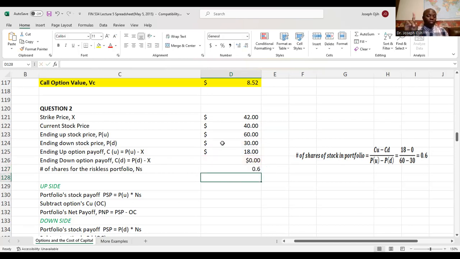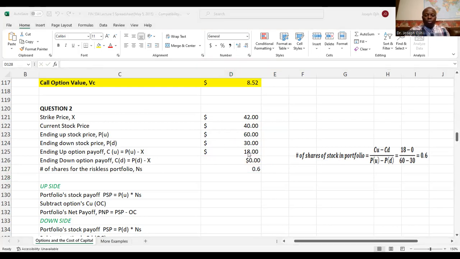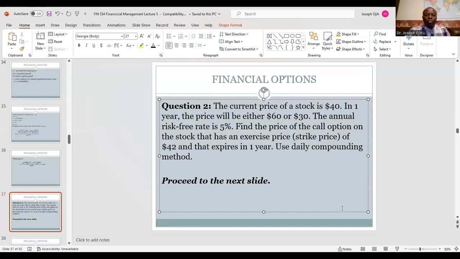This is for one call option, because remember that it is for one call option. For many call options, you have to multiply it. Now you find the price of the call option for one call option. Okay, so we have it.